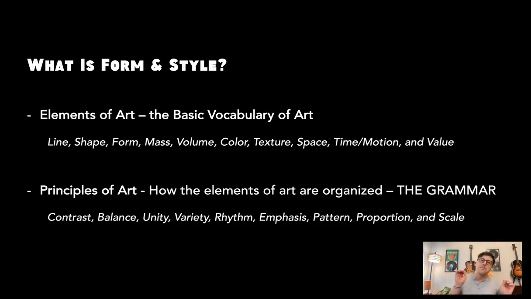That's the basic vocabulary of art, not limited to, but including line, shape, form, mass, color, texture, space, time, maybe motion, value, right? These are all the basic vocabulary. These are the elements. These are the things. The principles, the rules, are how the elements of the art are organized.